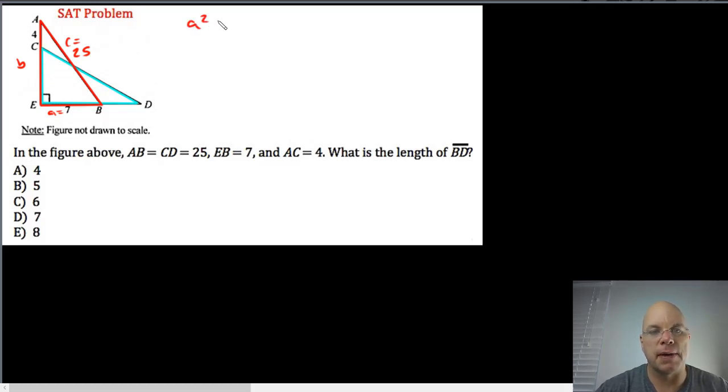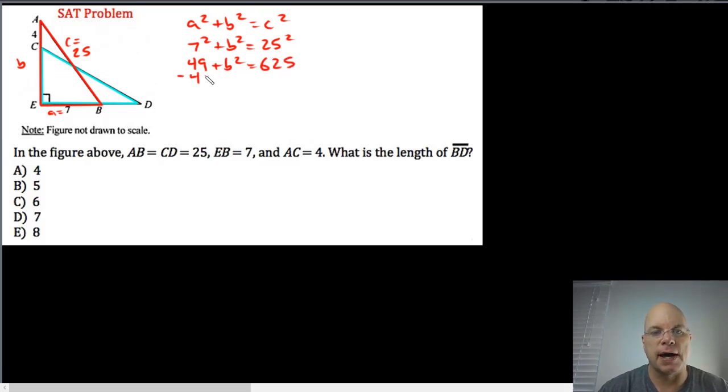Using the Pythagorean theorem, a squared plus b squared equals c squared. Again, a is 7. So 7 squared plus b squared is equal to c squared, but c is 25. 7 squared is 49. 25 squared is 625.